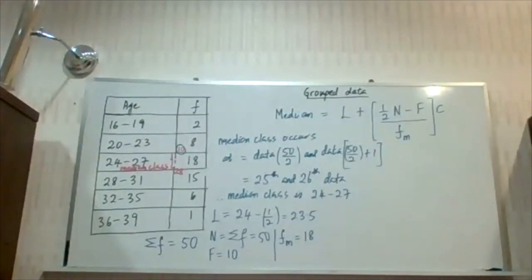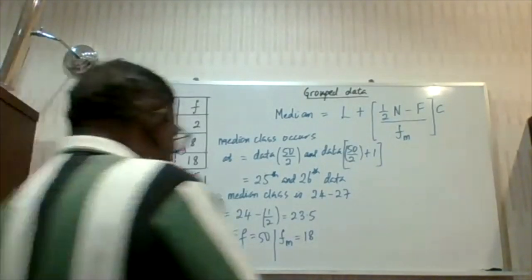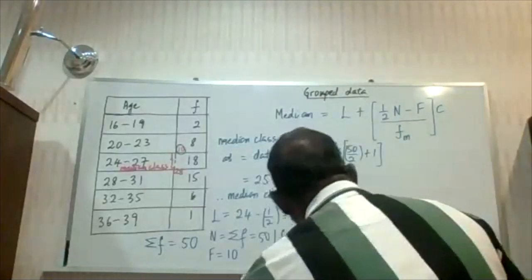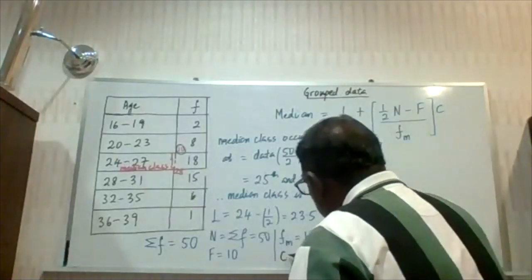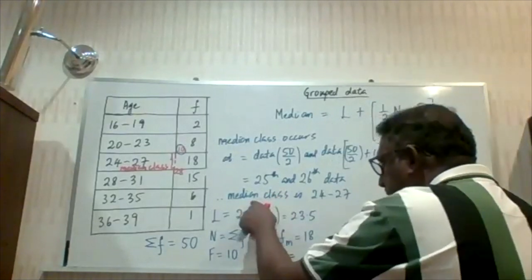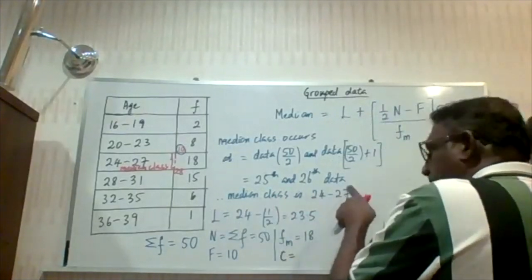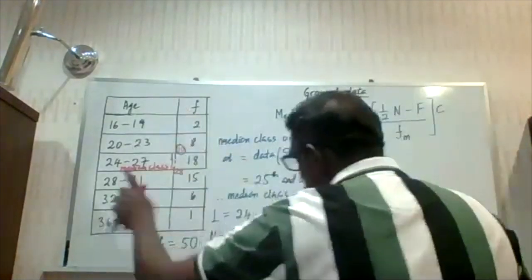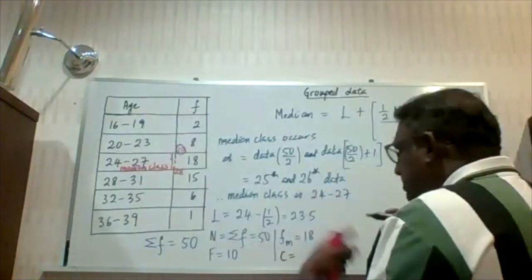So we have got what we want to find. Now we want to find the class interval, so we need to find C. There's one more piece of information we need, C. C will be the upper boundary of the median class minus the lower boundary of the median class. Actually, you can take any class you want because it will be the same, but we stick to the median class.